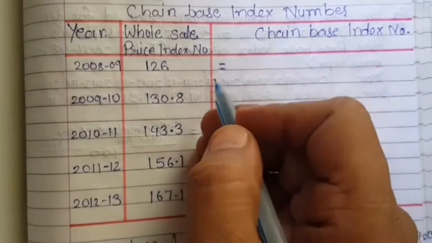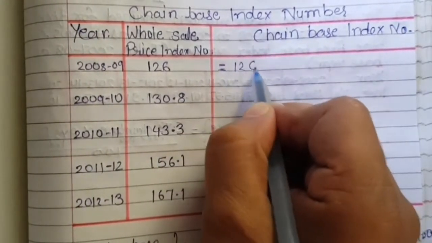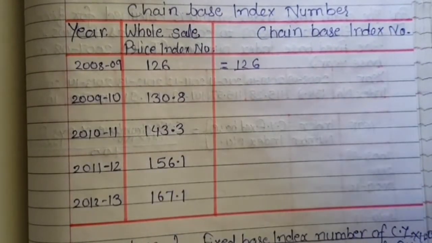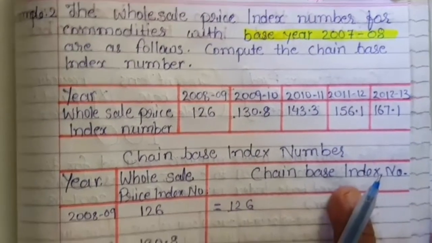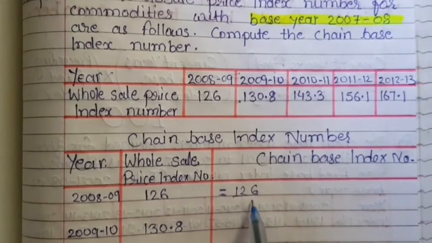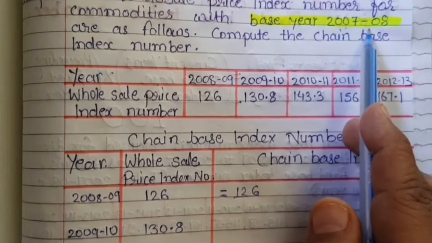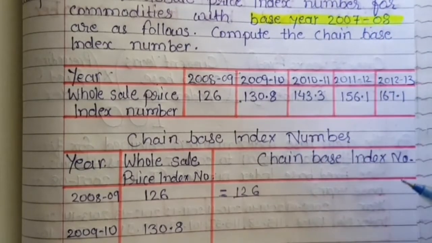So my current year fixed base index number is 126. If it were not said that I have to take 2007-8 as the base year, then I would have taken 126 itself as the base year. But as it is said here to take 2007-8 as the base year, I have the base year but I don't have its index number.